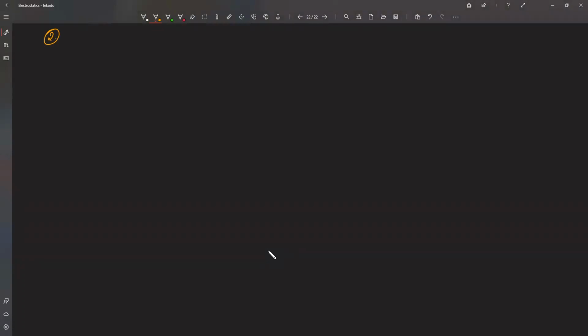So now let's say the charge source here is a sheet of charge like this.